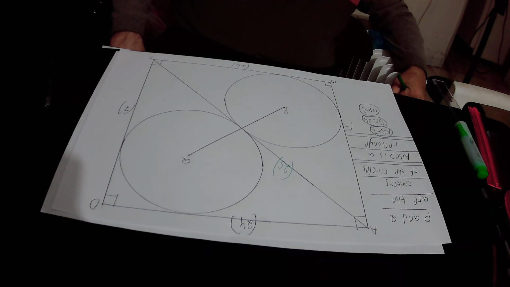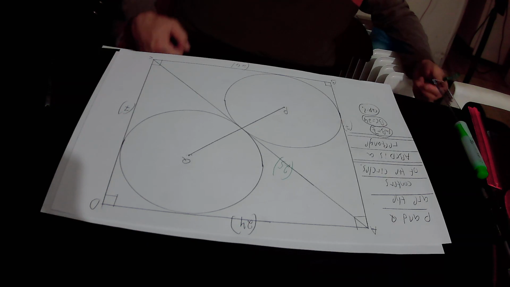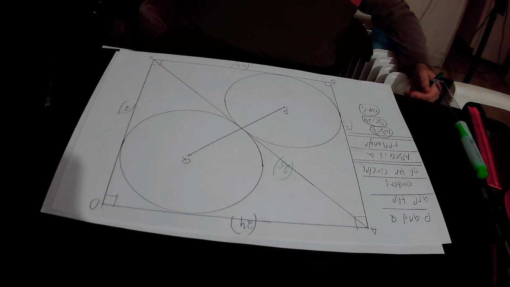Therefore, we'll find a general formula for any circle that is blocked by a right triangle. That is to say, we find a formula that will help us to find out the radius of any circle that is blocked by a right triangle only by knowing the side lengths of the right triangle that blocks the circle.